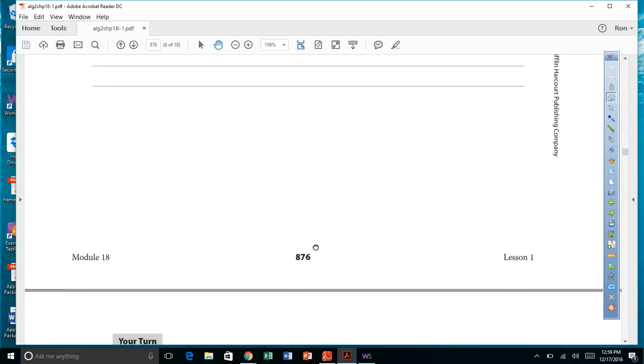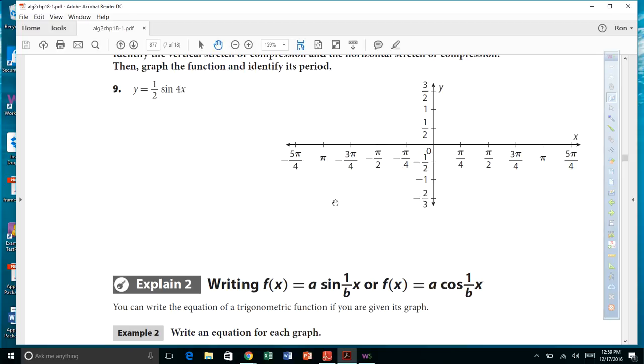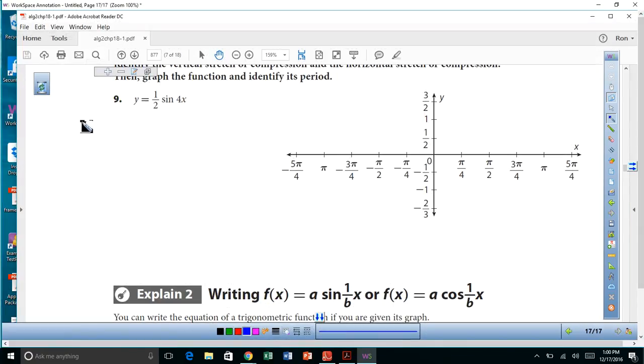So what do we got here? Your turn. Identify the vertical stretch or compression and the horizontal stretch or compression, then graph the function and identify its period. Okay, so what is a? Let's see here. a is 1/2, right?